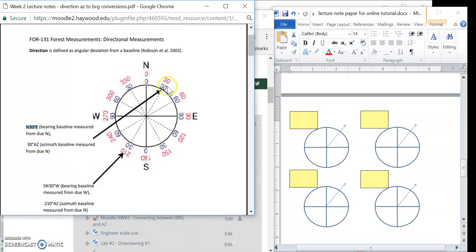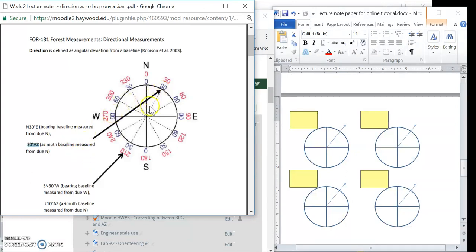An azimuth scale, as you can see, goes from 0 all the way back up to 360, and 360 is exactly the same as 0. Now, how do I write an azimuth direction? I would just write the number and then AZ behind it. I'd capitalize it, that way everybody knows clearly what you're talking about.